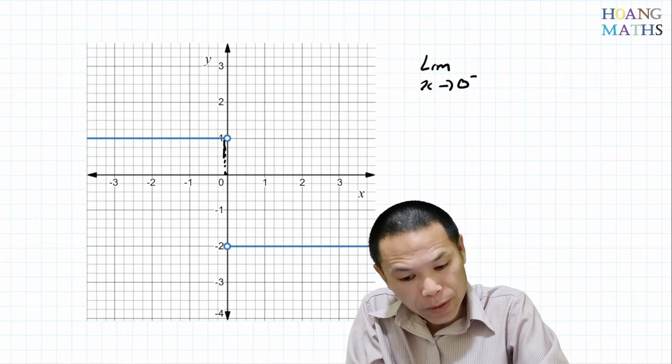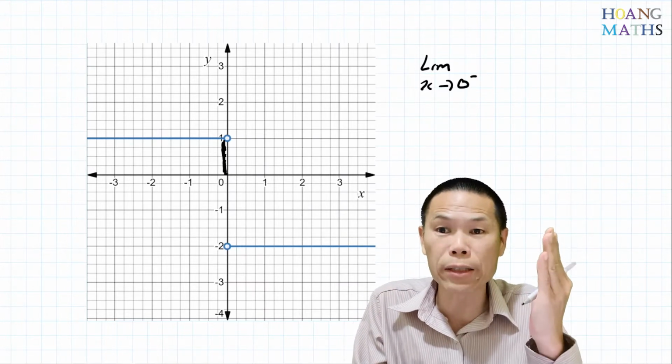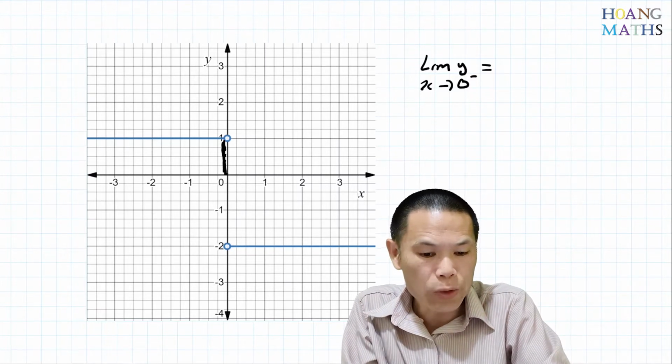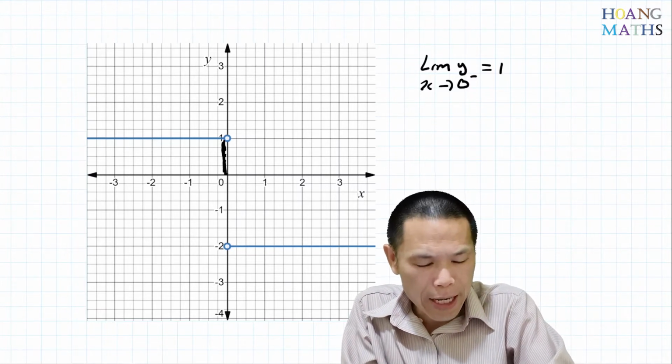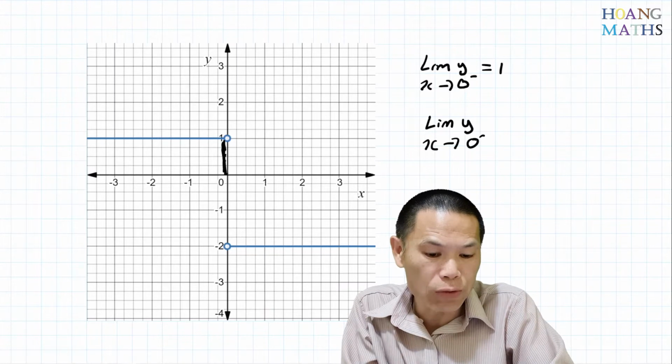On the left-hand side, very close to 0, they're approaching 1. So the y value is 1. Of course, I have to write y here, which is equal to 1. And then the limit of y when x approaches the right-hand side of 0.